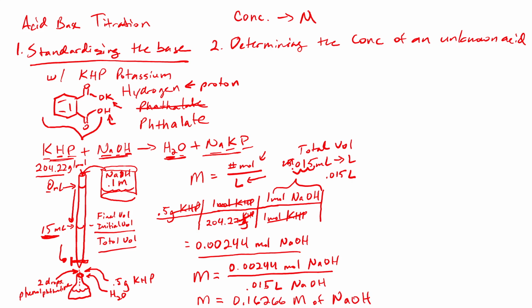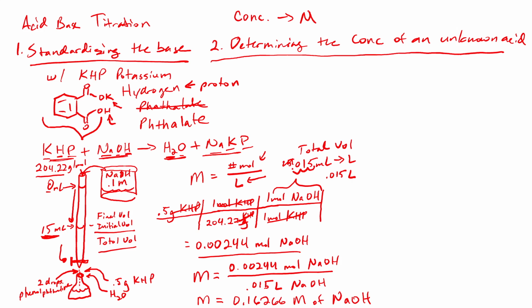That number right there, the actual concentration of sodium hydroxide, is very important when we get to the second part, where we're trying to determine the unknown acid. I will put that part in a separate video. That way you don't have to fast forward and find the right one.